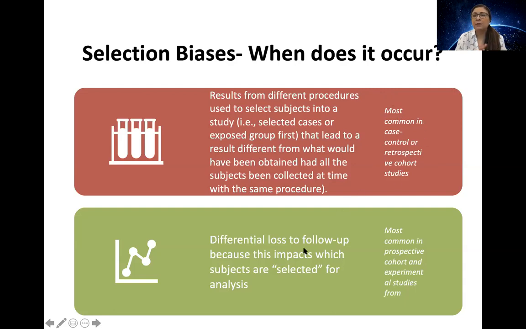And then sometimes we lose participants to follow up. In other words, either we're tracking them and they decide to fall out of the study, or we lose track of them, or we can't obtain data from participants from the past. Sometimes that'll be a problem with cohort studies and experimental studies. Again, I will go over this with an example so it makes more sense.